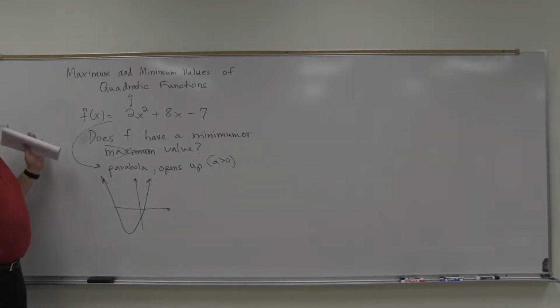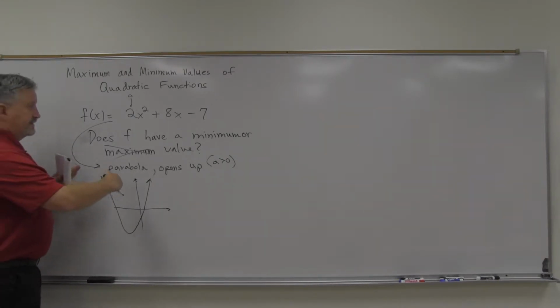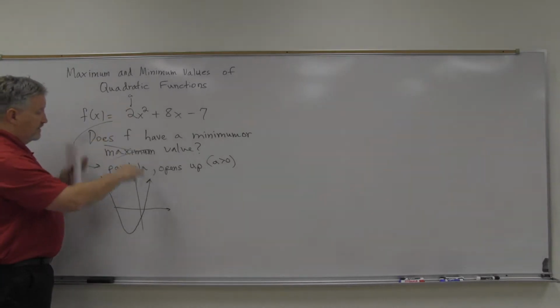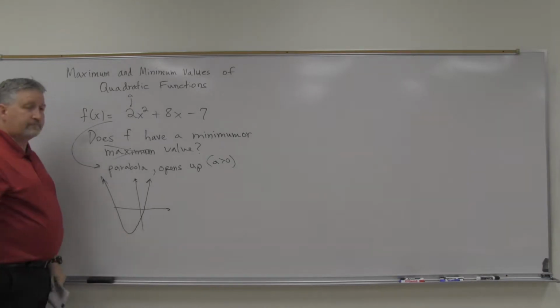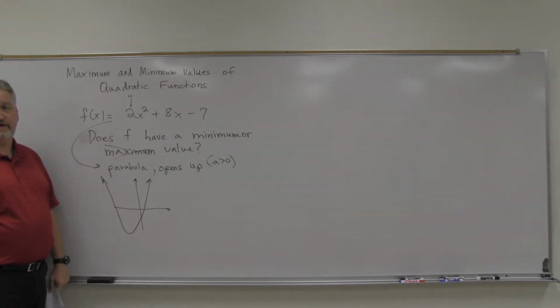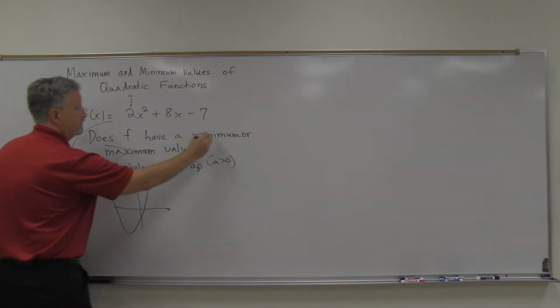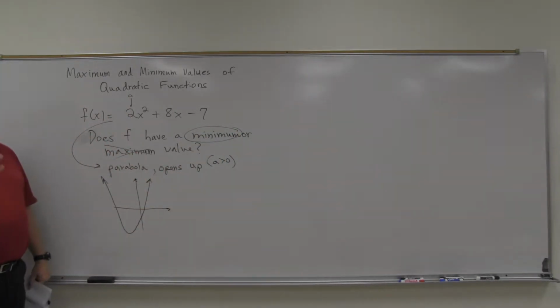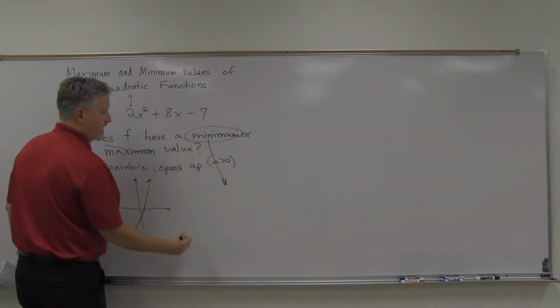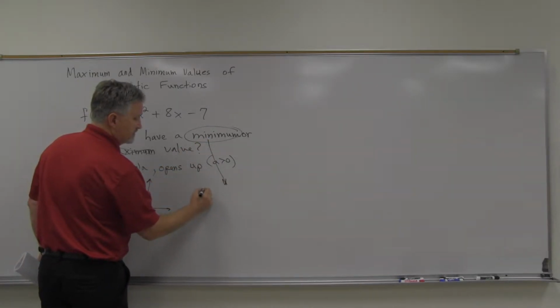So there's not going to be a highest value because the function value is the y value. There's not going to be a largest y value for this one. But as was stated there, this one's going to have a minimum value, and more specifically, that minimum value is at the vertex.